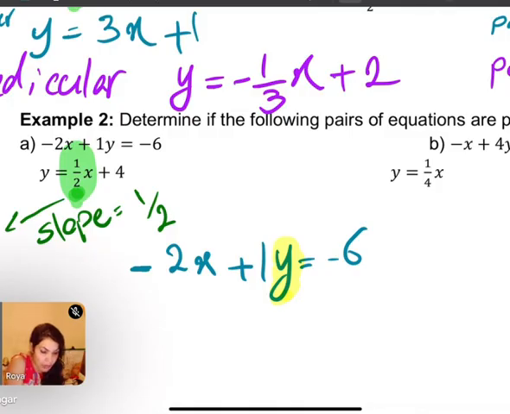You can move negative 2x to the other side, or you can just add 2x to both sides, if you understand it that way better.